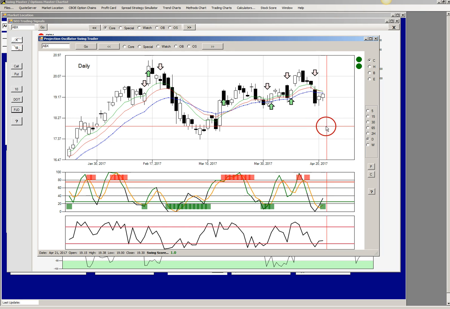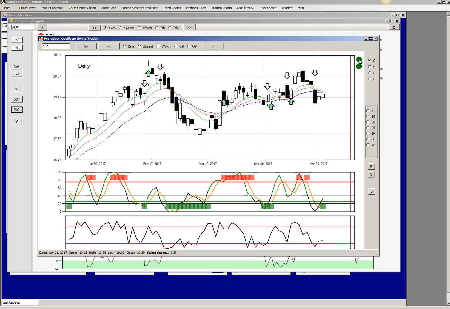We came from the red dot chart, and we saw that it wasn't an ideal situation because of the traffic lights over there. The traffic lights in the projection oscillator indicate buy-sell signals one time frame above and one time frame below. Because this is a daily chart, as you can see over here, we have the D radio button clicked.